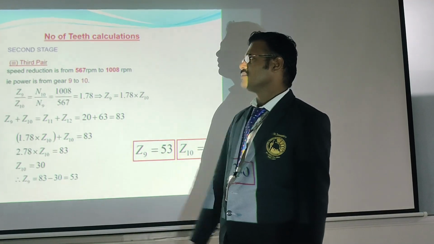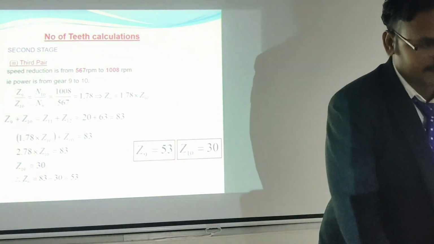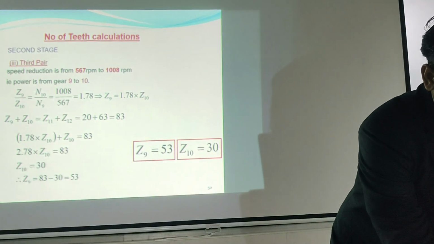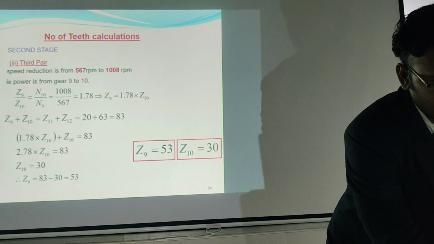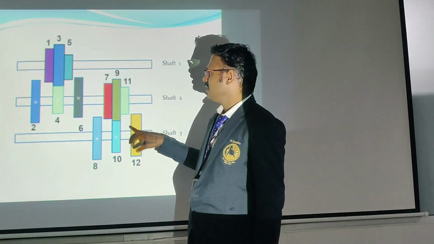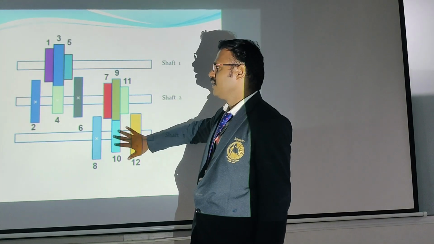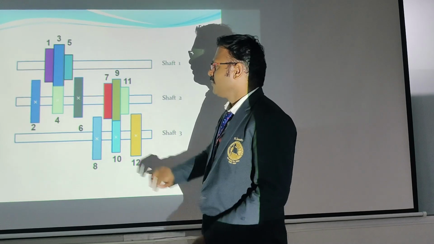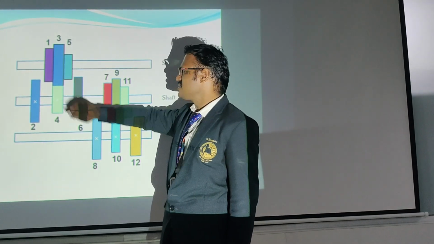In first stage also we need to do the same calculation. So 11, 12 we have completed, 7, 8 we have completed, then third pair 9, 10 we have completed. Now we need to do for first stage.